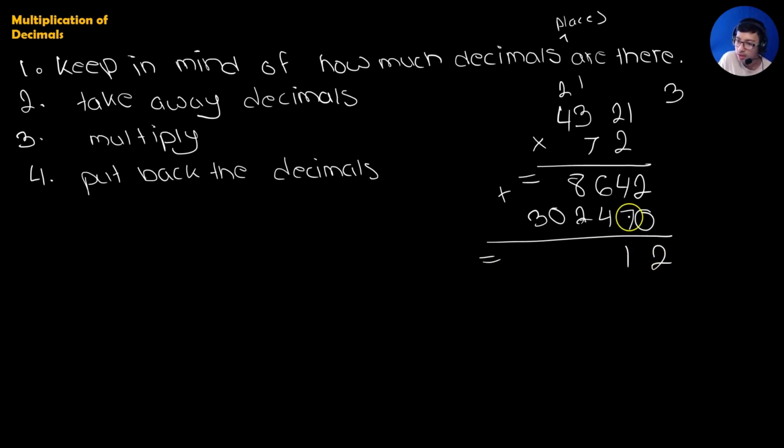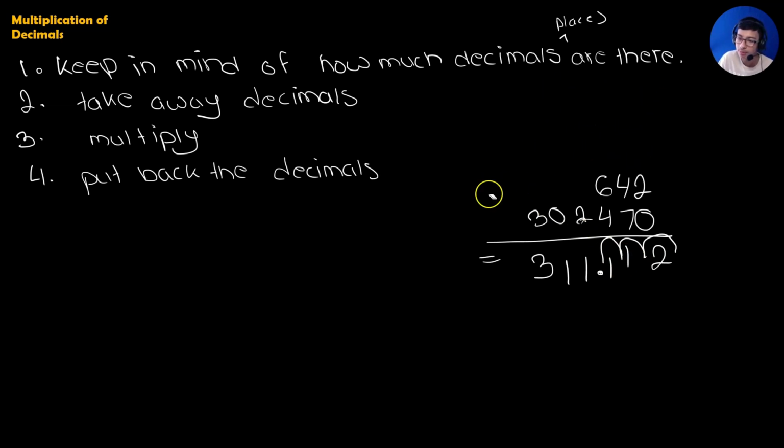And then we would just simply add our decimal places that we took out. So once, twice, thrice. So our answer would be 311.112. Let's try it with one more example.